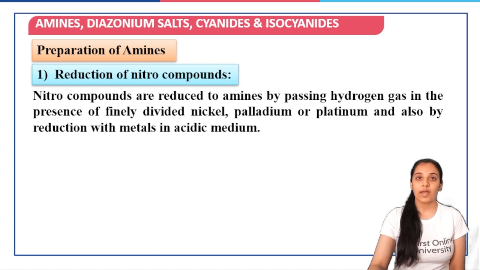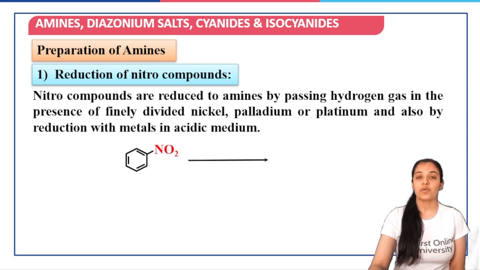And there is a way by which we can reduce the NO2 group so that both the oxygen atoms are replaced by two hydrogen atoms. So when oxygen is getting removed and hydrogen is getting added, we call it reduction. Nitro compounds are reduced to amines by passing H2 gas in the presence of a finely divided catalyst like nickel, palladium, or platinum, or also by reduction with metals in acidic medium.